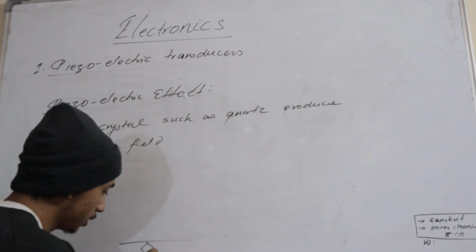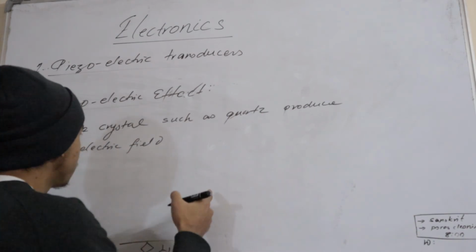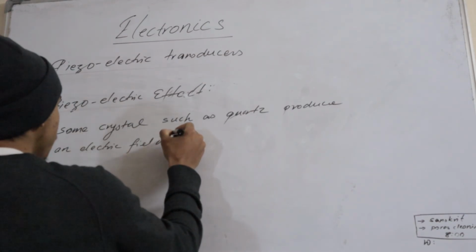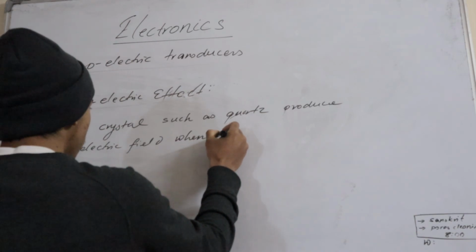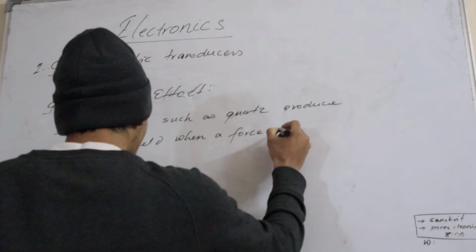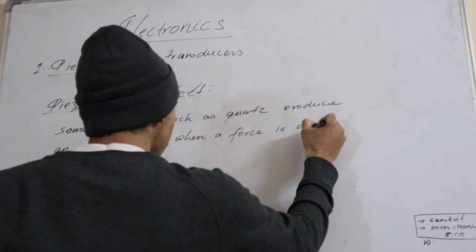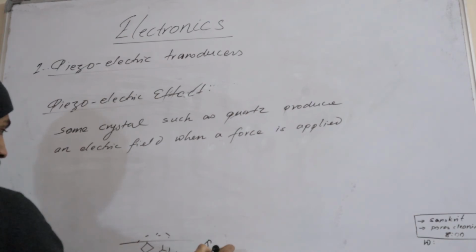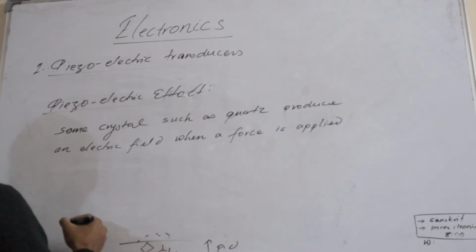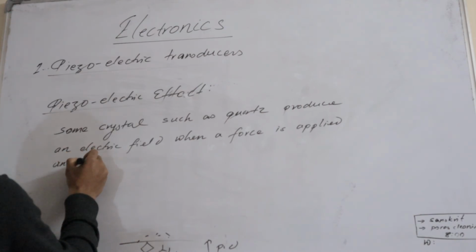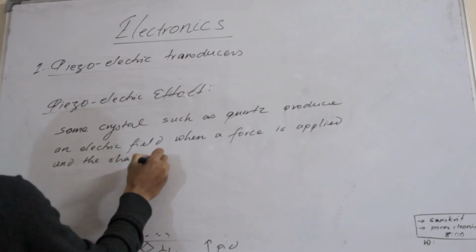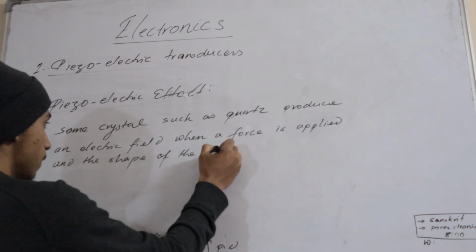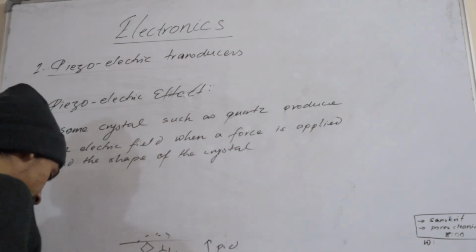Here are some crystals like quartz, and this produces an electric field when a force is applied, like when you give PD, force is applied, and the shape of the crystal changes.